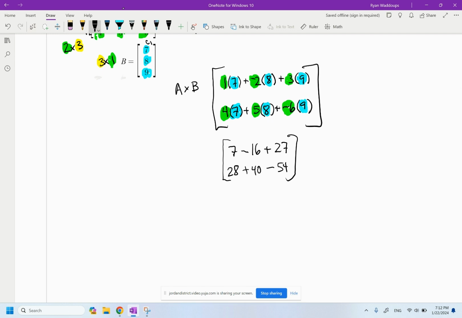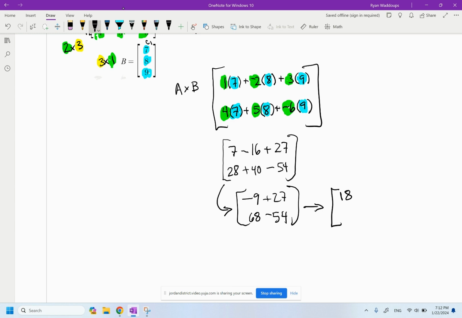7 minus 16 would be -9, plus 27. And then 28 plus 40 would be 68, minus 54. And then one step more: -9 plus 27 would give us 18.